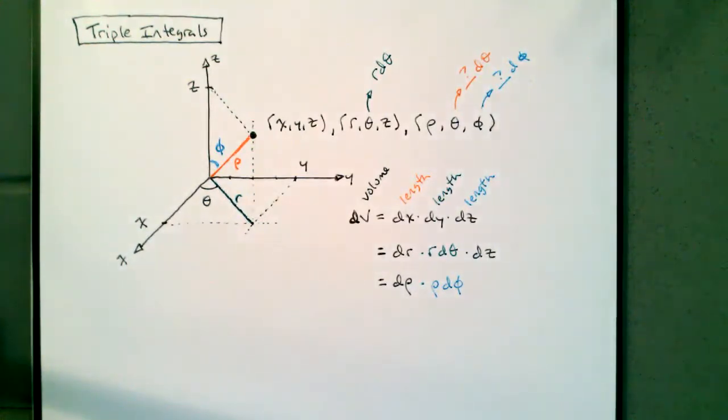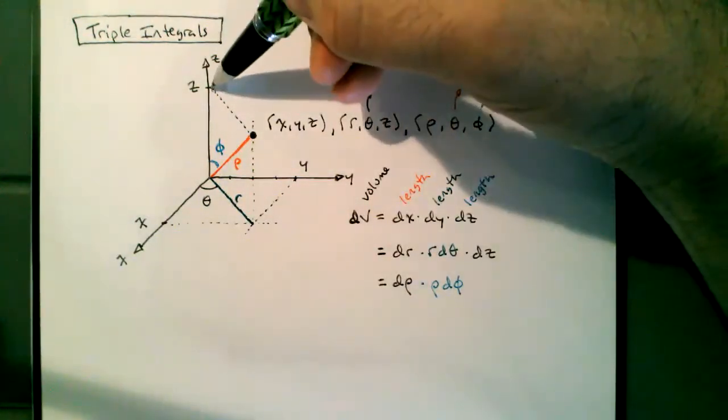Here's what we want to notice. In cylindrical coordinates, we turn d theta into a length by multiplying by r. We can't use r, but we do want that quantity.